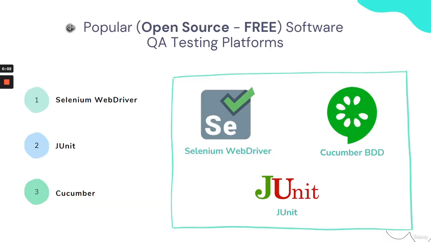There are several popular open source or free software QA testing platforms that are used widely in the industry today. Three of my favorite platforms that I use as an automation test engineer in the industry are Selenium WebDriver for web browser automation testing, JUnit for unit testing and automated unit testing, as well as the Cucumber BDD behavior-driven development framework as a testing framework.